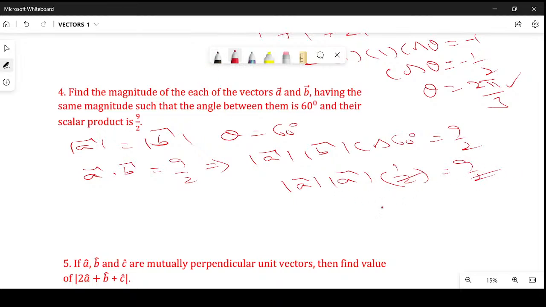Then mod a bar square is equal to 9. Then mod a bar is equal to 3. Magnitude should be positive. Therefore mod a bar is equal to mod b bar is equal to 3. Both are of equal magnitude. Very simple problem. Think and do it the easy way that I explained, and I hope you understood this.